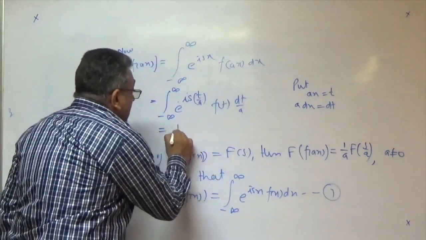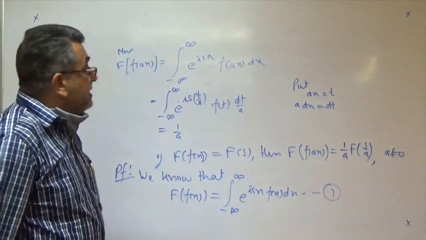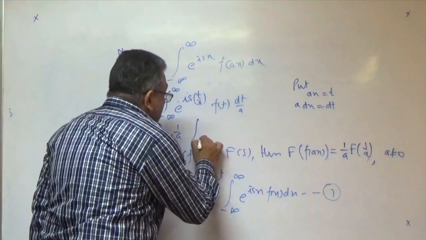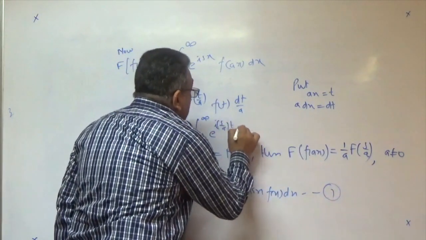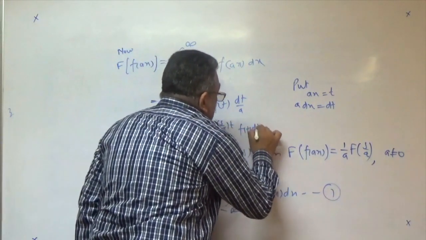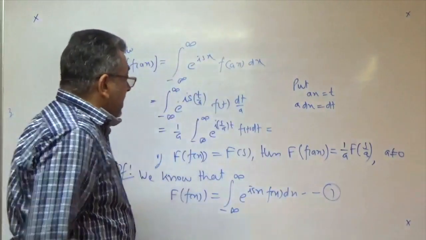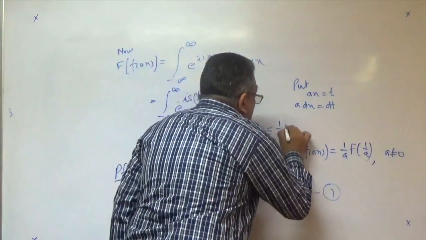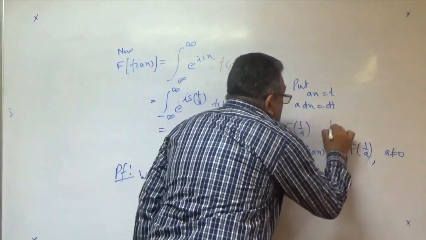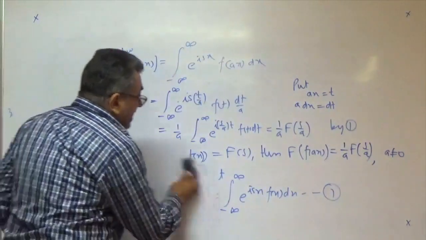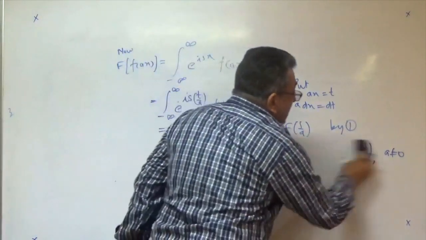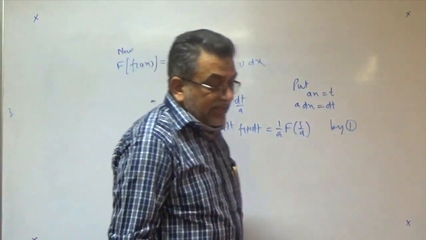Taking 1 upon a outside the integral, this is 1 upon a times the integral from minus infinity to infinity of e to the power i(s upon a)t f(t) dt. By the first equation, we can write it as F(s upon a) by equation 1, and that is your required right hand side, your required result for the change of scale property.